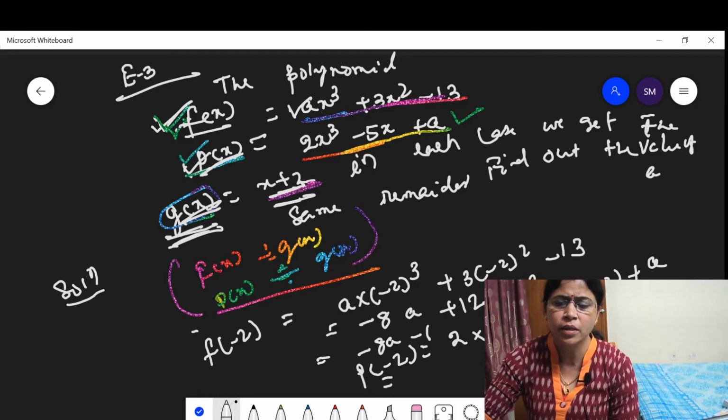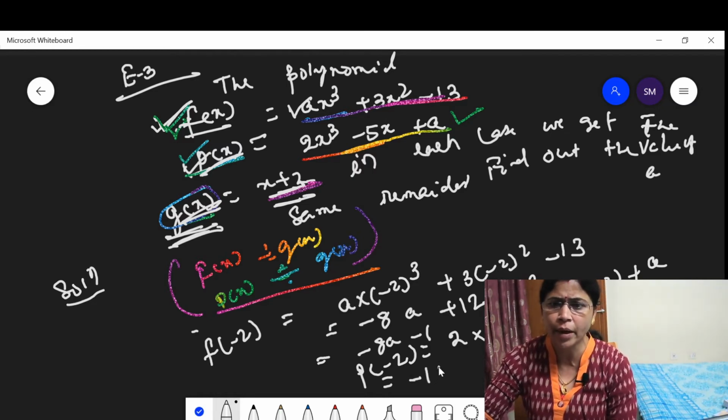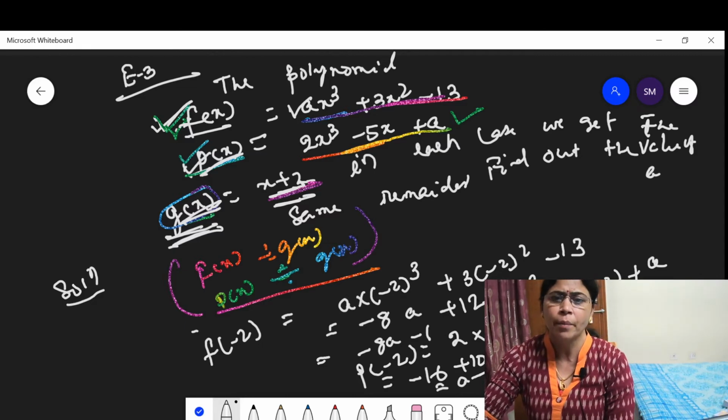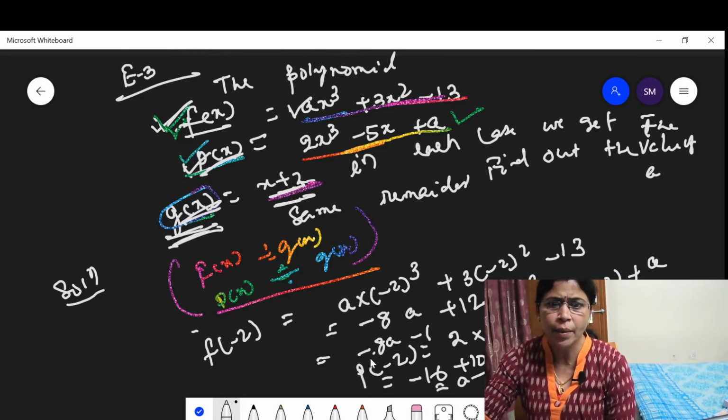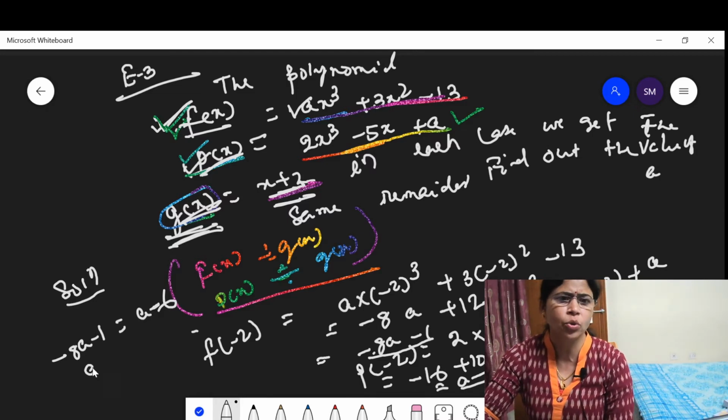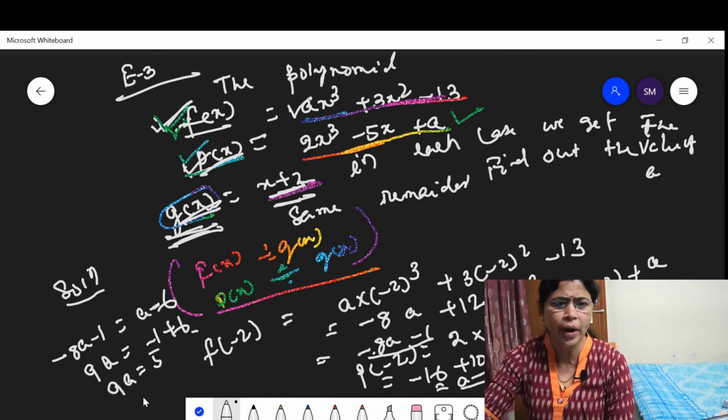This is minus 16 plus 10 plus a, which is a minus 6. But according to the question, minus 8a minus 1 is equal to a minus 6, which shows that 9a is equal to minus 1 plus 6, 9a is equal to 5, a equal to 5 upon 9.